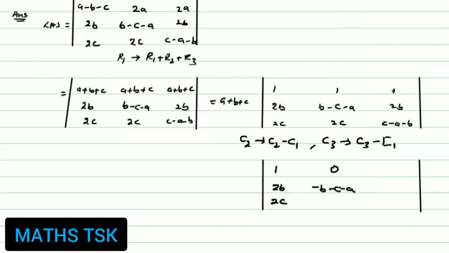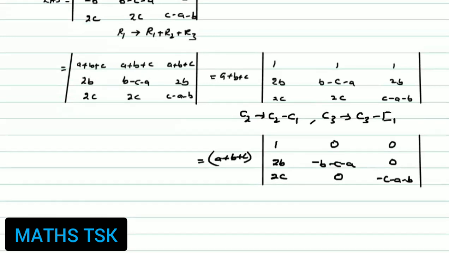And then the last term, 1 minus 1 is 0, again 0, 0, c minus a minus b minus 2c is minus c minus a minus b. So this is equal to a plus b plus c into this determinant, isn't it? Are you clear? Yeah, up to here.